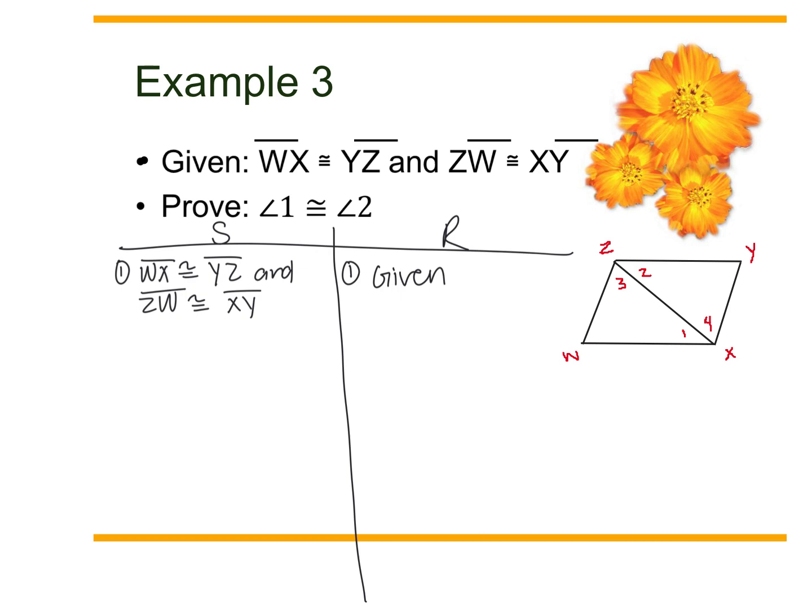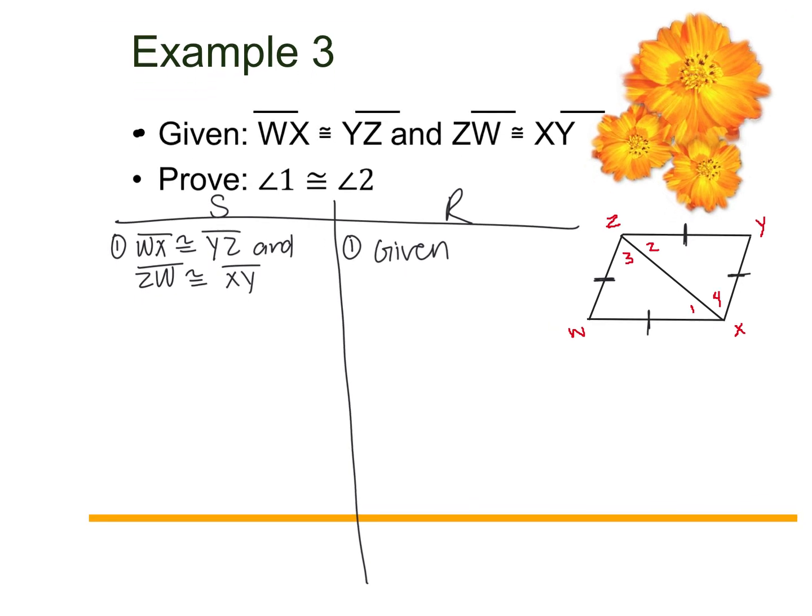No, so I'm going to go ahead and do that. WX, YZ, and then I have ZW and YX. Good. What's my next one? It's going to be ZX is congruent to ZX, and that's because it reflexes. Perfect job, Gabe.